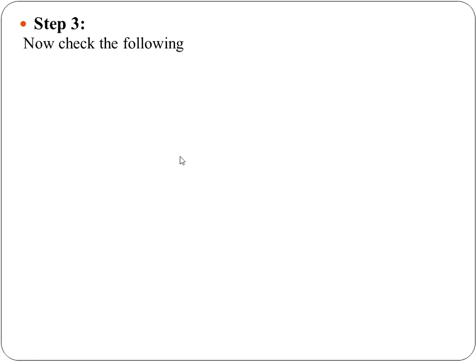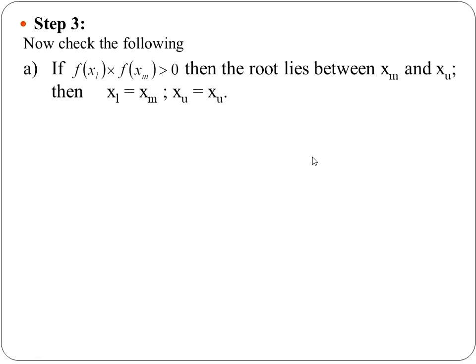Then in the third step, you have to check the following condition. You have calculated the new root xm. If f of xl into f of xm is more than 0, then the root lies between xm and xu. Suppose we have two values xl and xu; by using the second step you get the xm value, xl plus xu divided by 2.